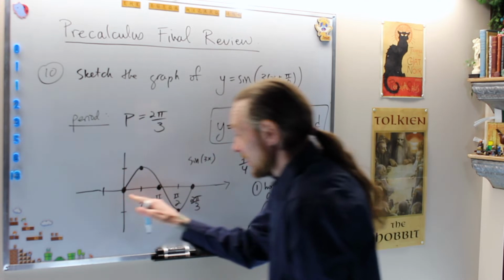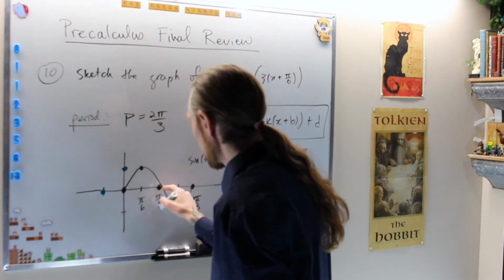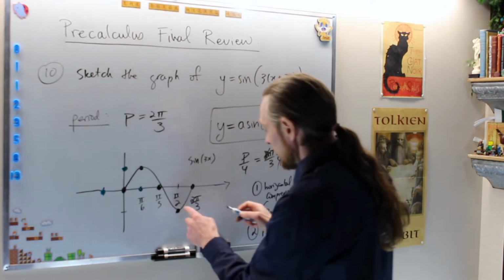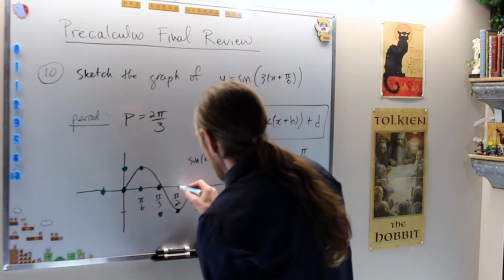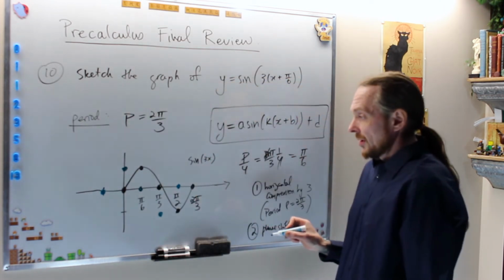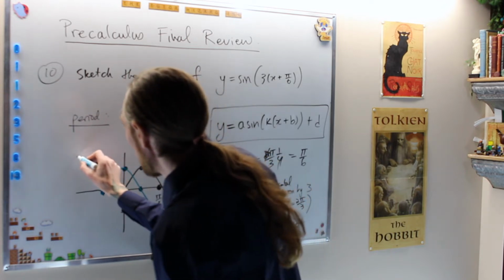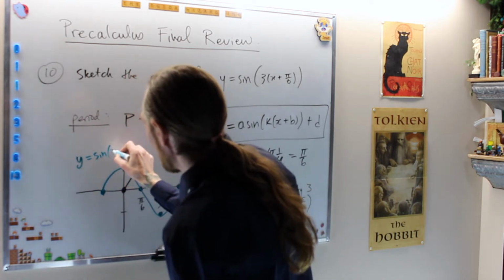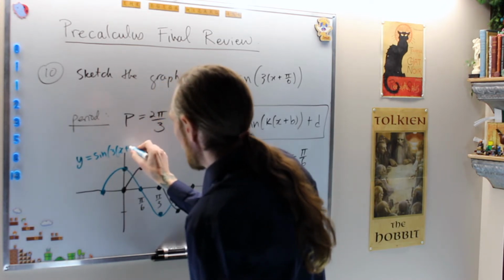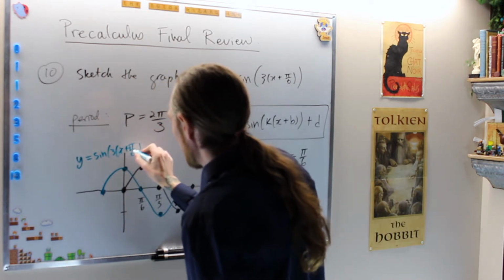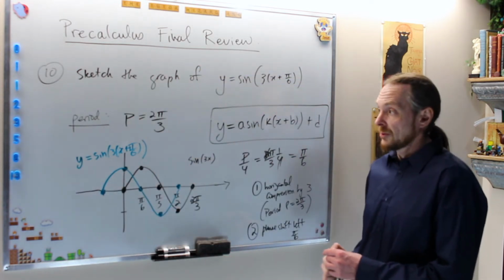This one's going to go here, this one's going to go here, this one is going to move here, this one is going to move here, and we are going to get our final result, which is y equals sine of x plus pi over 6. Sketching sinusoidal functions. Next question.